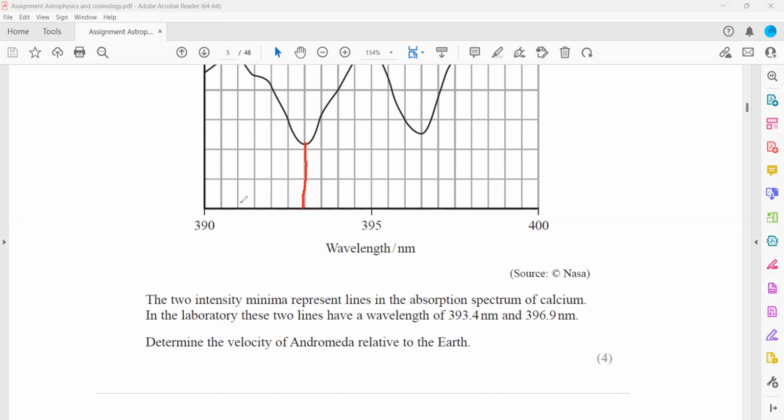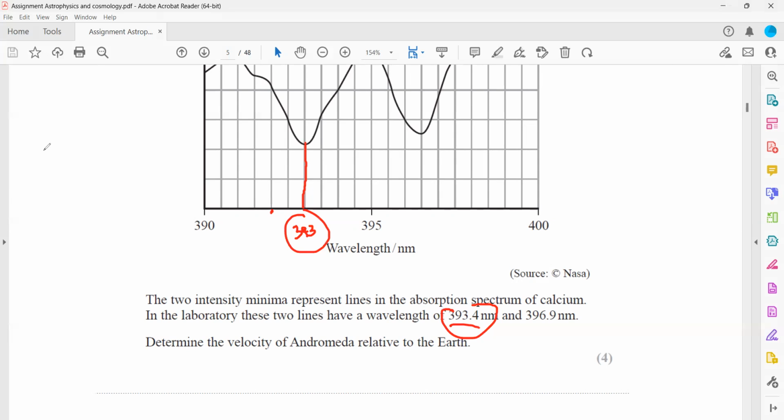So 390.5, 391, 392, this will be 393, and this is 393.4. What we receive from the galaxy is 393, but what we observe in the lab is 393.4. So we work out the change. Either we can take the lower limit or the upper limit, it does not make a difference.